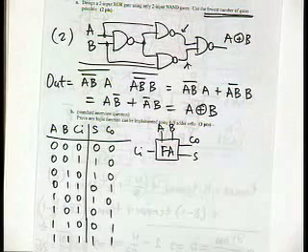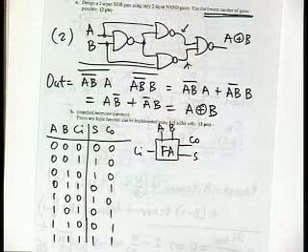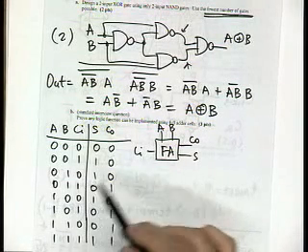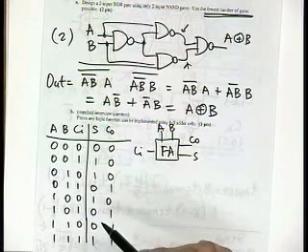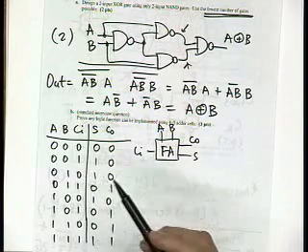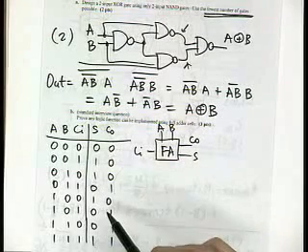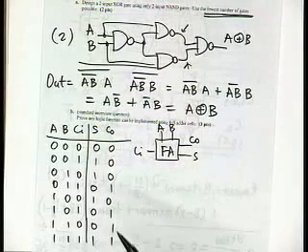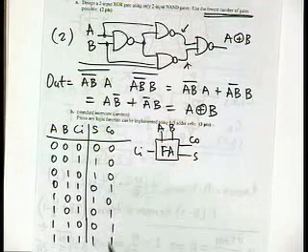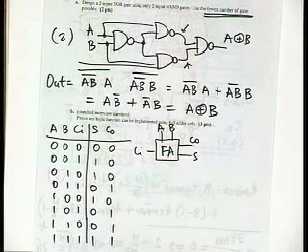So now let's see, is there a way we can figure out the regularity in this table and figure out if there is any way, under, for example, certain carry conditions, that we can express sum as AND or OR combination of our inputs A and B. So that's the idea.